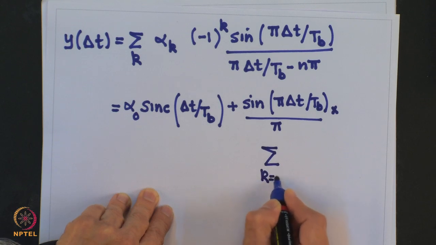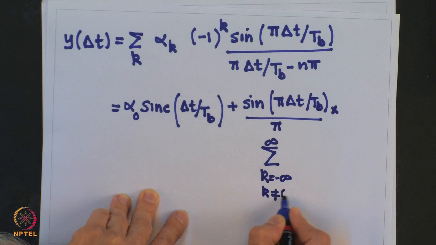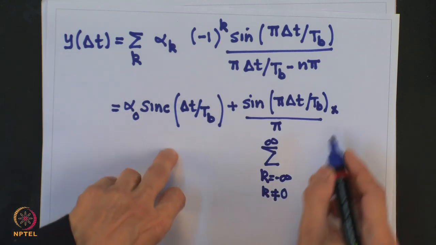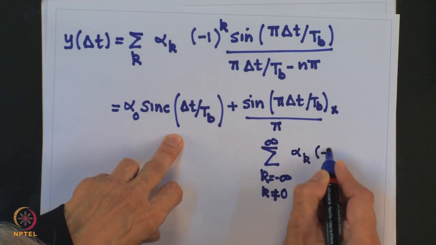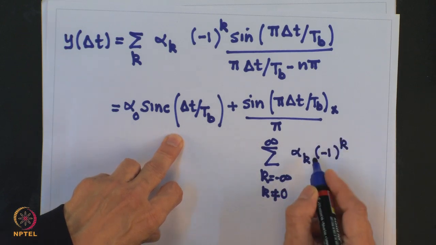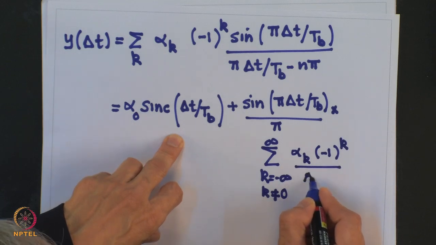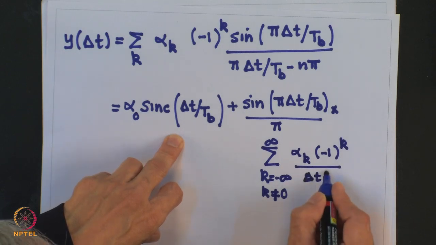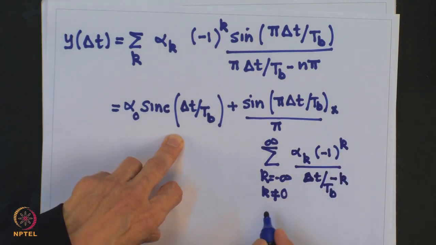So, this is k equal to minus infinity to infinity, but k not equal to 0 because that term has been taken out here. So, this is equal to alpha k times delta t divided by Tb minus k.